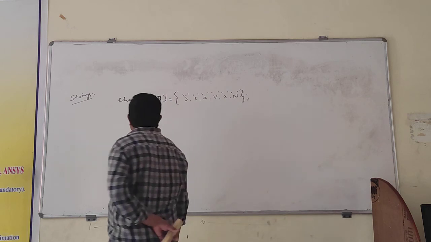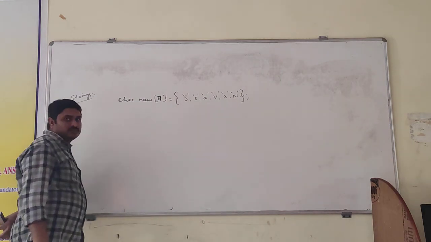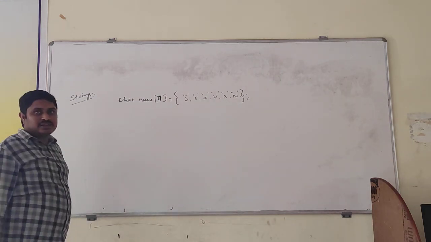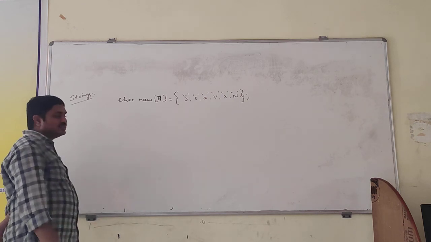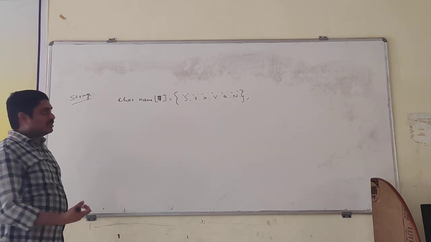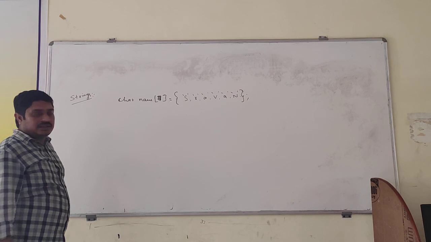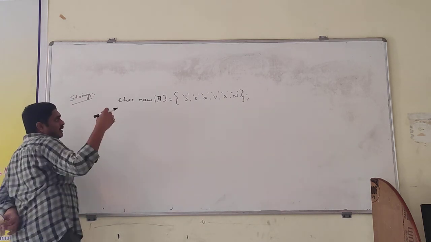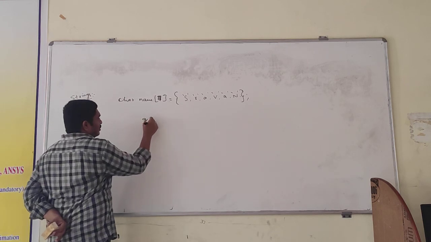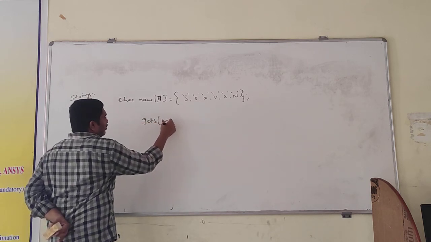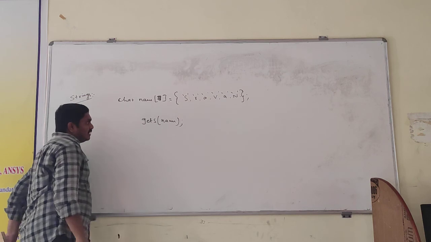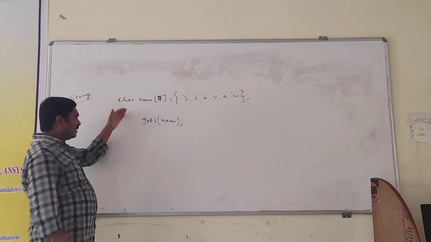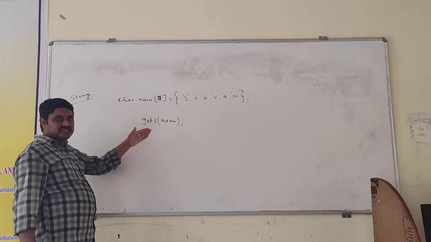And the second one is scanf, by using scanf or gets. For using scanf we must use for loops, whereas with gets, after the declaration: printf enter the name and gets(name).